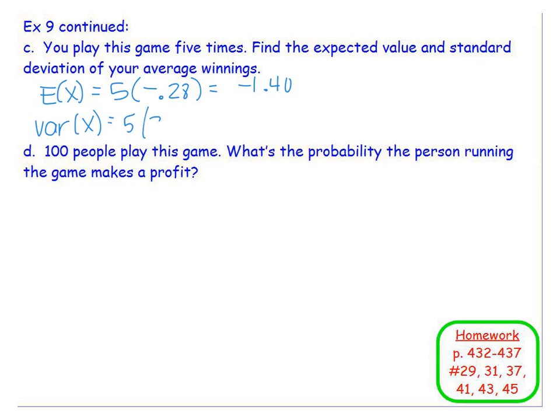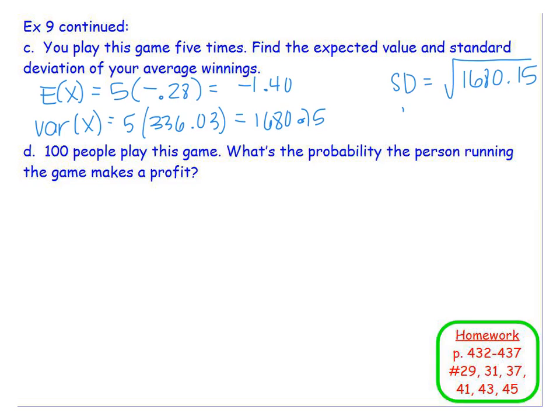So 5 of the 336.03s gives us 1,680.15. So we square root that answer to find our standard deviation. And if you round appropriately, I get 40.99. So we now have our mean and our standard deviation if we did it 5 times in a row.